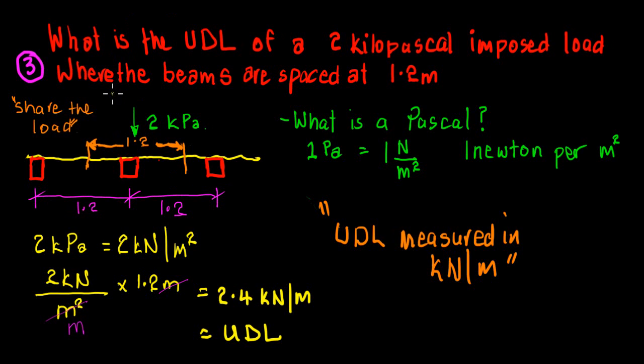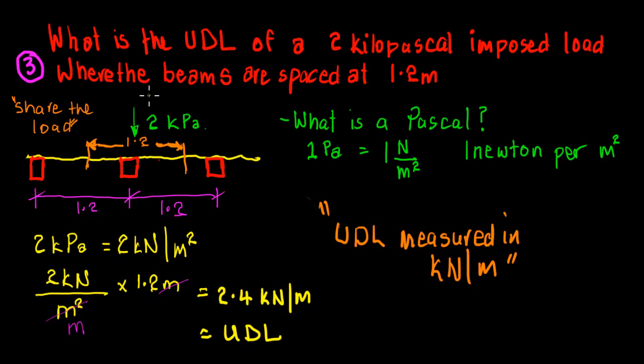So there you have it, the UDL in 3 different scenarios. In the first, you're given the length of the beam and the weight. In the second, you're given some dimensions that would enable you to work out the volume of the beam, and the density.